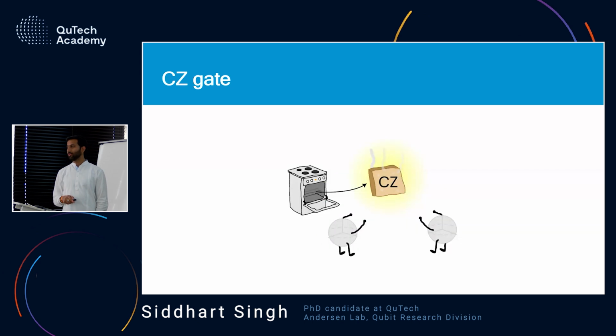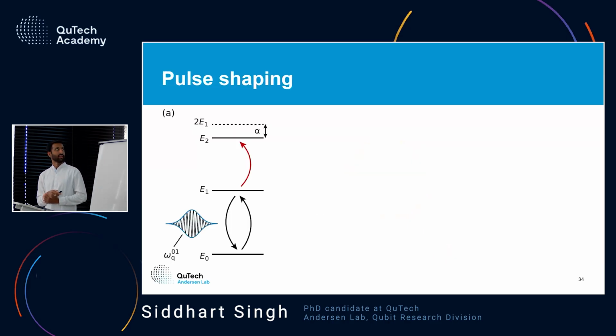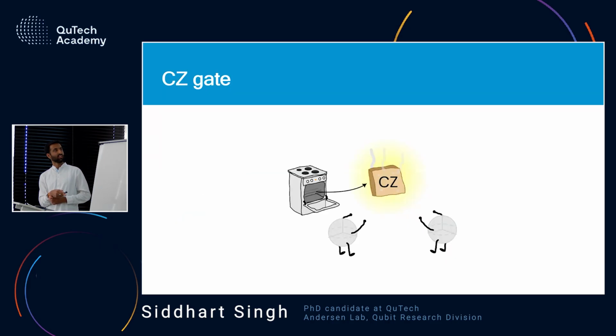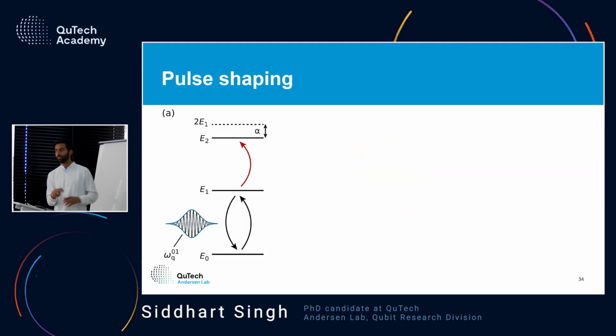And this is how you will get a CZ gate. Okay, now given this, there is a small problem. So, yes, it's 40 nanoseconds to complete the gate. I will show the results of the fidelities versus gate time in the slides next to it.